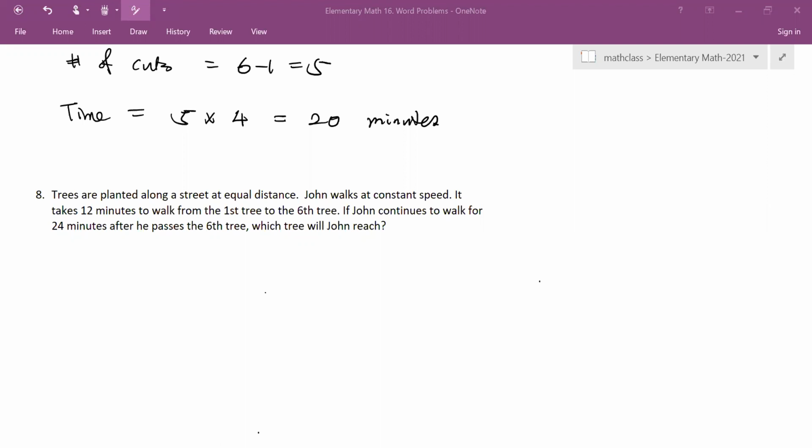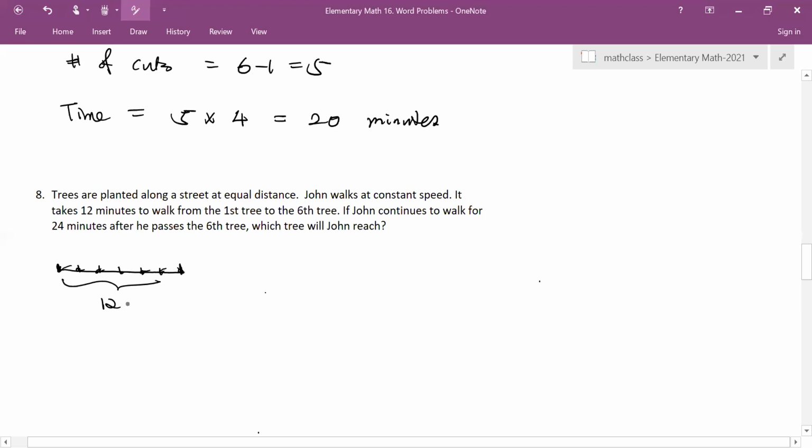All right, so let's draw the picture. So this is the first piece, right? 1, 2, 3, 4, 5, 6. 6 trees here. They agree, right? So 6 trees. Joe walks at a constant speed. It takes 12 minutes to walk from the first tree to the 6th tree.